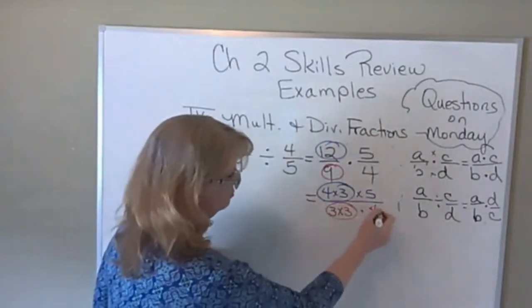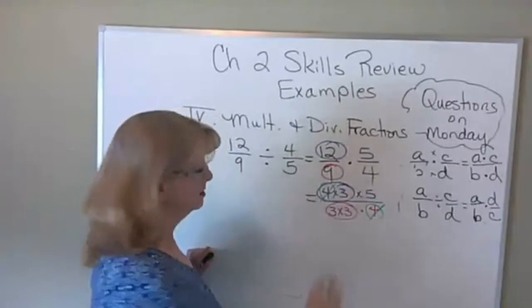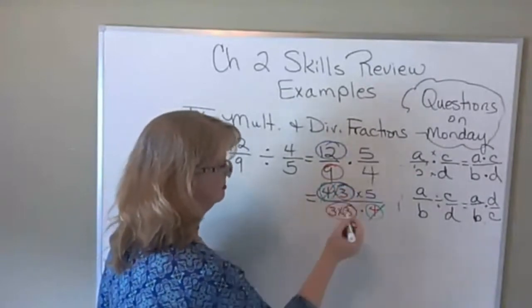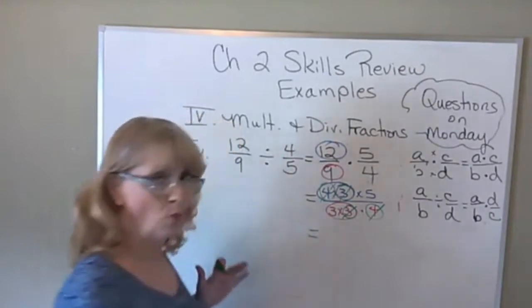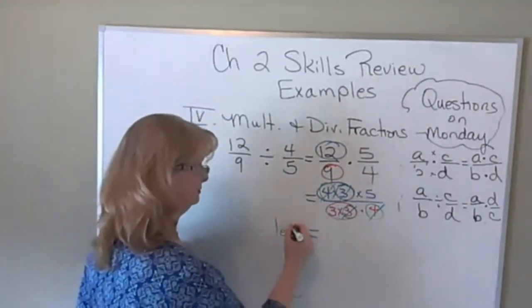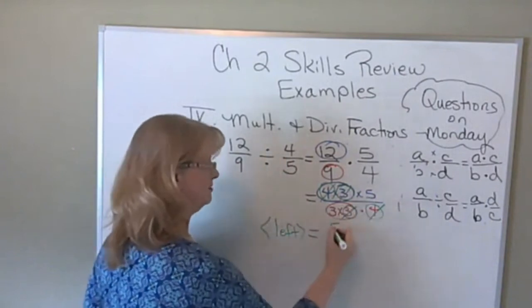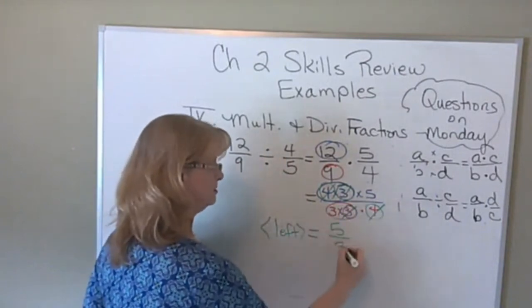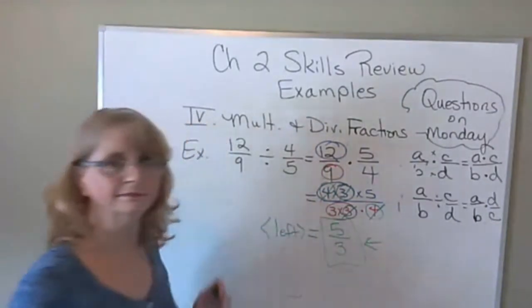So that 4 and that 4, this 3 and this 3. And then I find what's left. On top, there's a 5. On the bottom, there's a 3. And that's our answer.